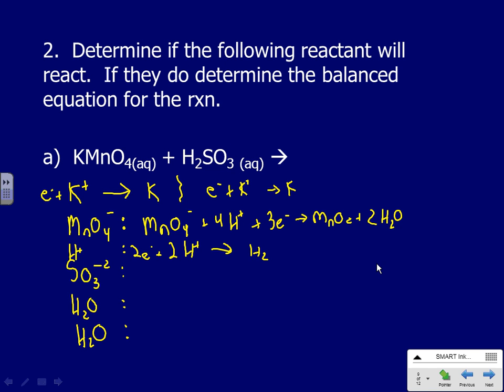Actually, let's write the potentials down as we're doing it. 0.00. What was the potential of that MnO4 one near the top? 1.68. And what's the potential for the E plus to become K? So you'll notice we're starting to get a list of what's likely going to happen and what isn't going to happen. Let's keep going. SO3 minus 2.